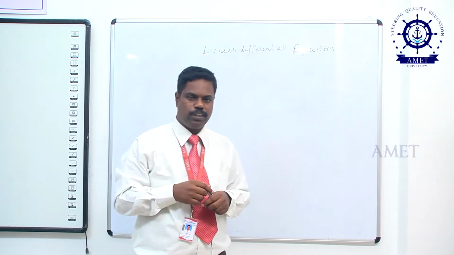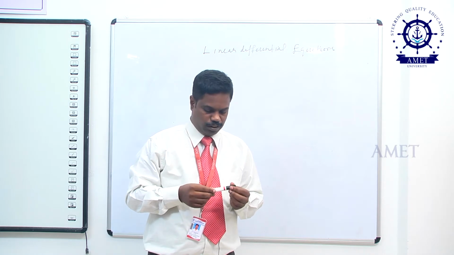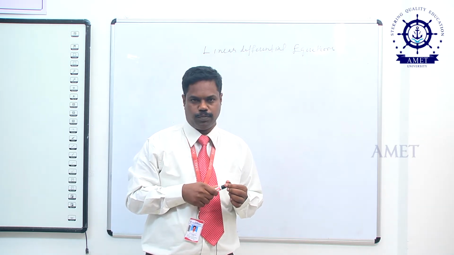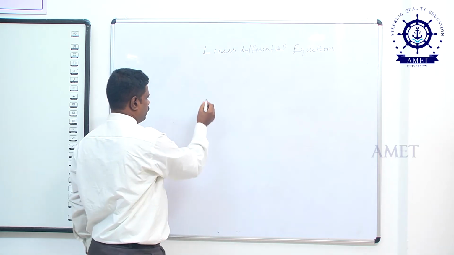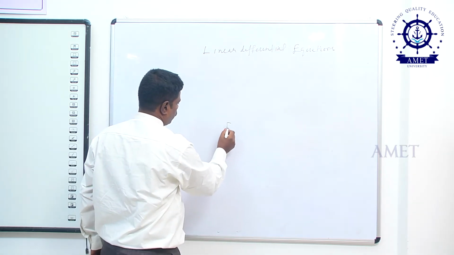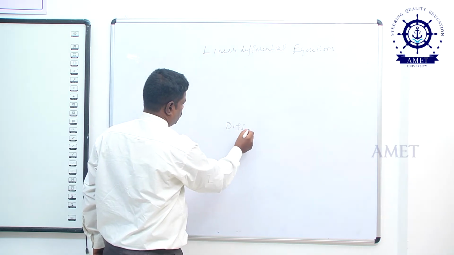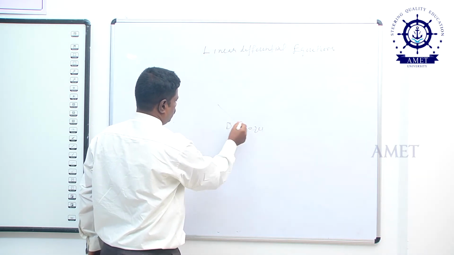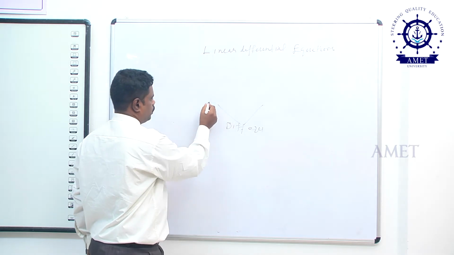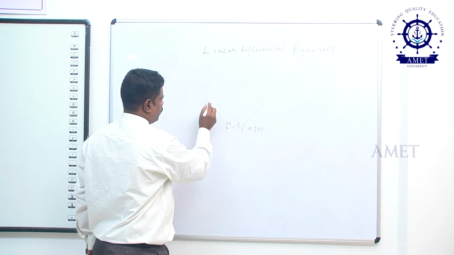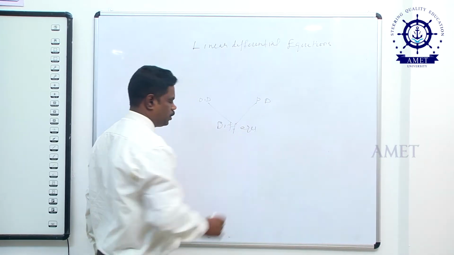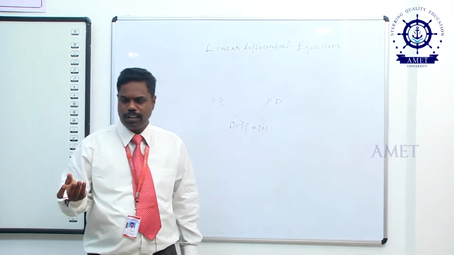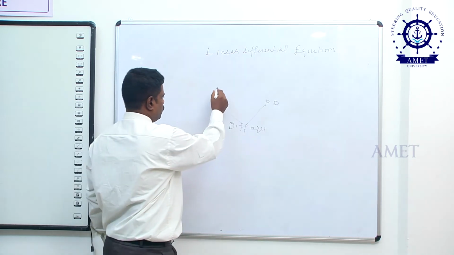Already we know that an equation can involve derivatives, ordinary derivatives and partial derivatives. For example, a differential equation involves derivatives, and the derivatives may be ordinary or partial. In ordinary derivatives, y is a function of x.